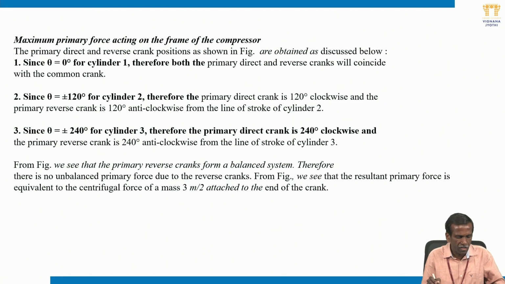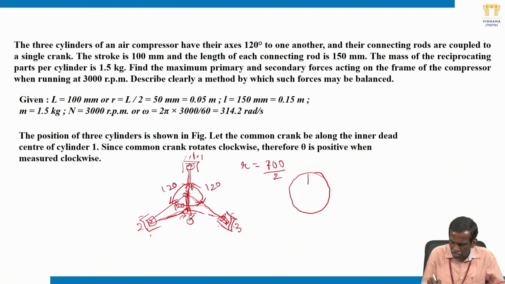This is cylinder 1, the primary crank, and the opposite direction. This is the center line, this is the angle it makes, and in the opposite direction this is the angle. These two are coinciding. Do you understand? Here along the center line, this is coinciding for cylinder 1.